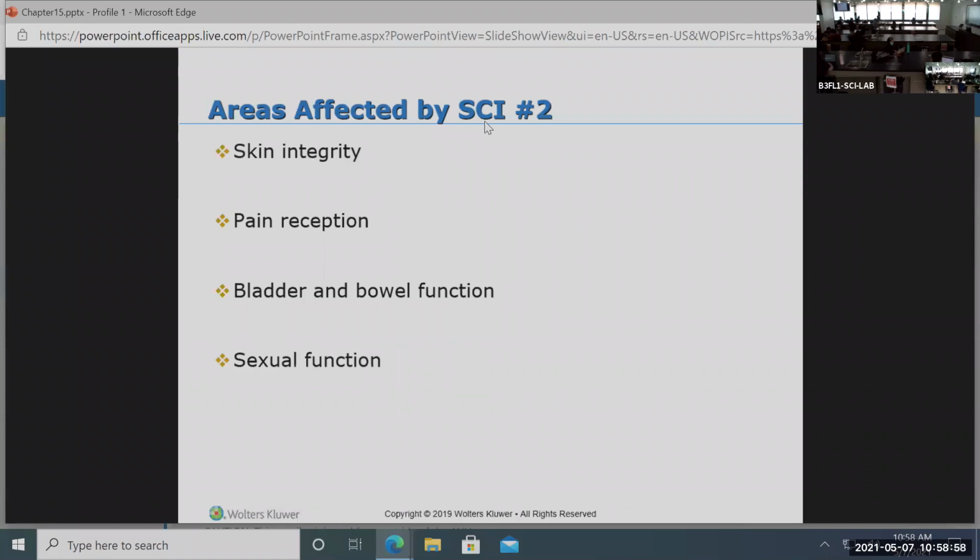Skin integrity is lost. Pain reception is altered. Bowel and bladder functions and sexual functions.